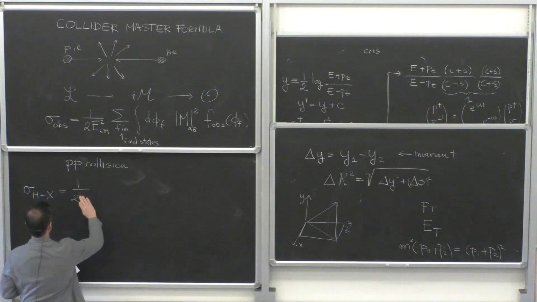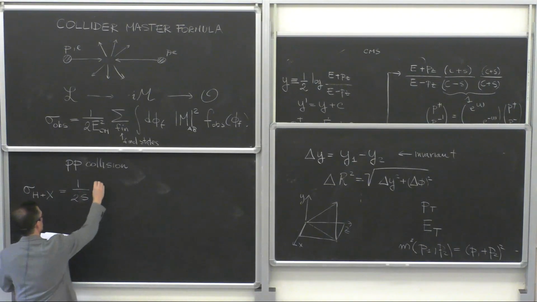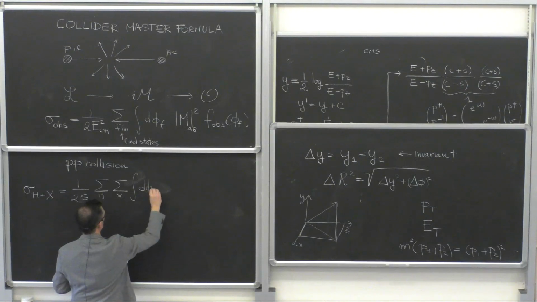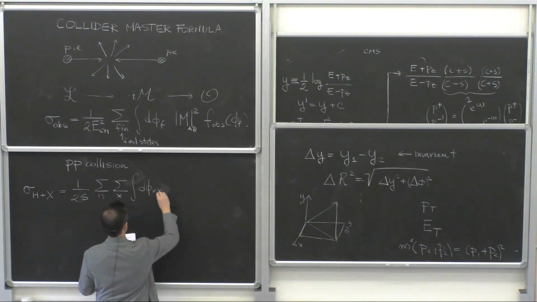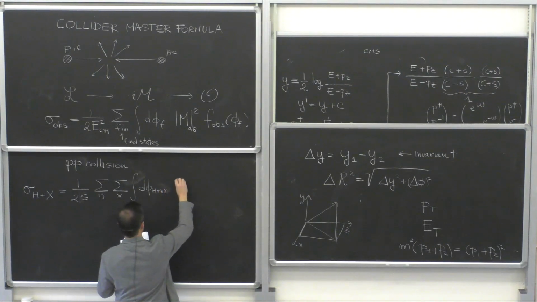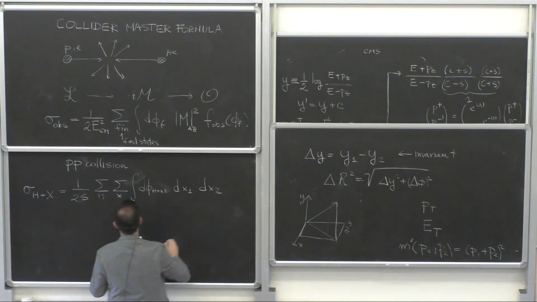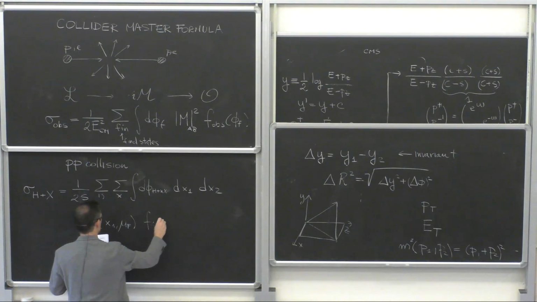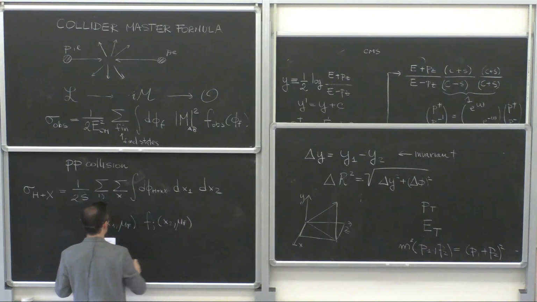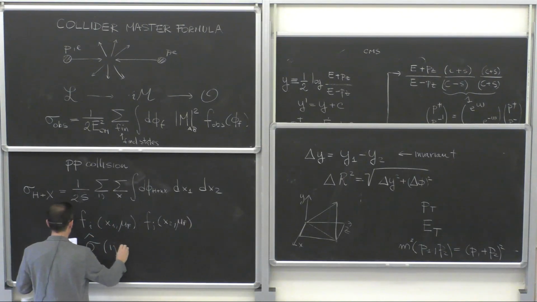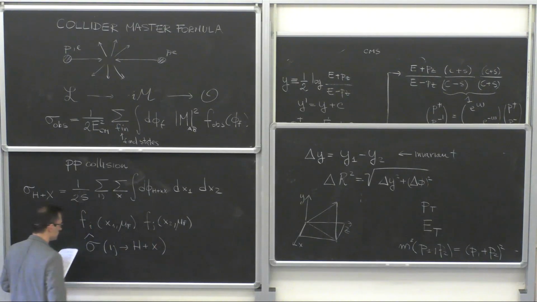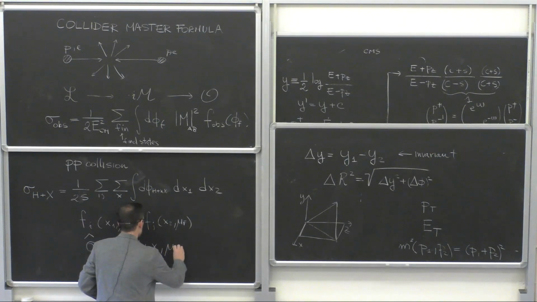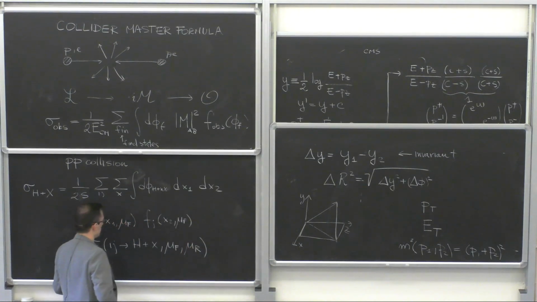Now, the energy of the collider, over the sum over ij, sum over X, the integral of dΦ_{H+X}, let me put it, dx1, dx2, f_i(x1, μ_F), I'll explain what it is, f_j(x2, μ_F), times σ_ij to H plus X. Actually, to be really precise, this object also will depend on μ_F and in general on the renormalization scale.